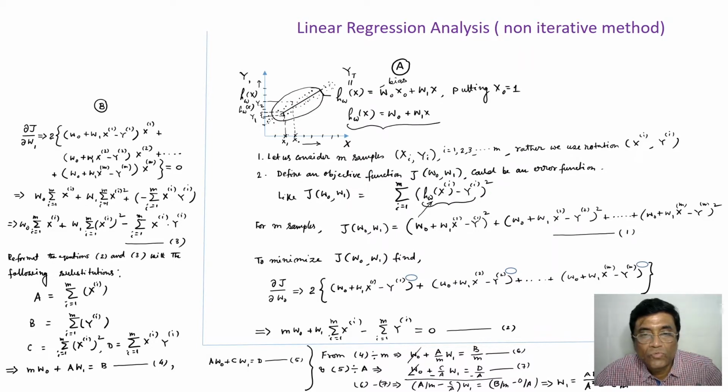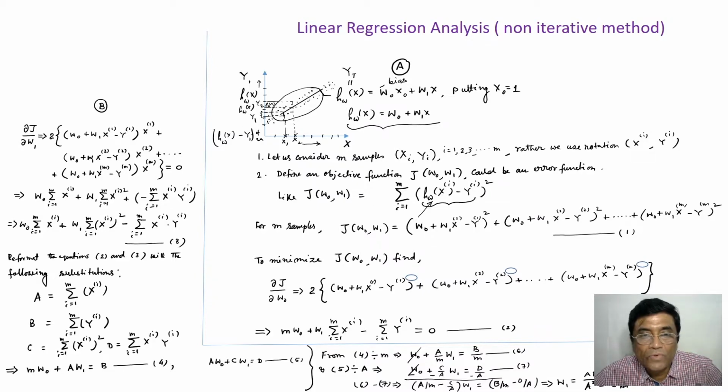This is x2, and this is my predicted value. This is h_w(x). Here, the difference between h_w(x) and y was positive, isn't it?